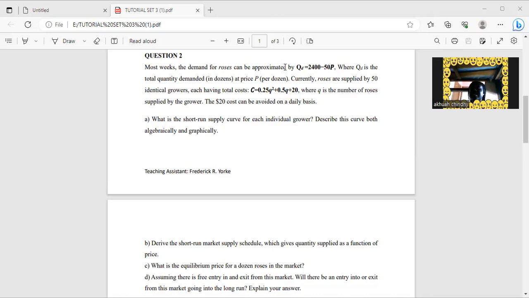So this is the definition of the short run supply curve for a firm in a perfect competition market: the part of the marginal cost curve that is equal to or greater than the average variable cost.